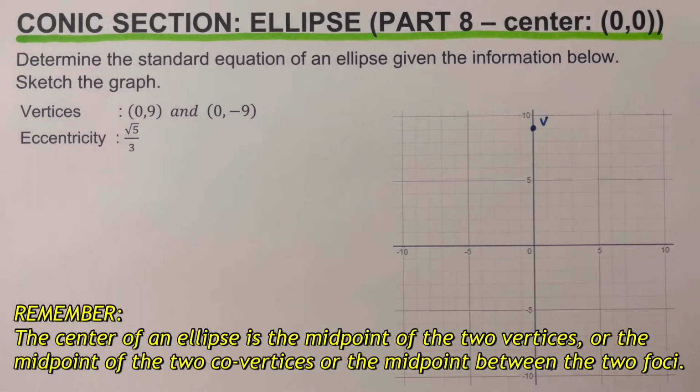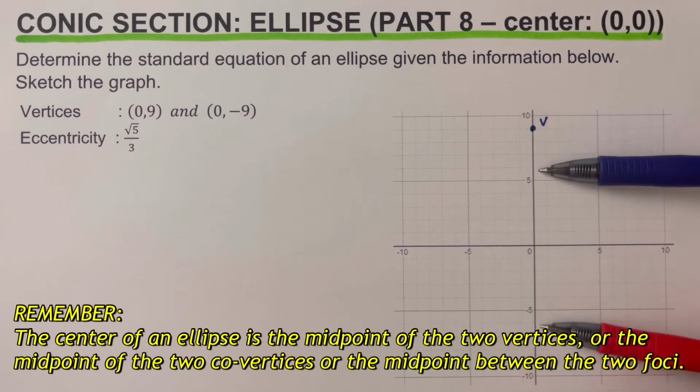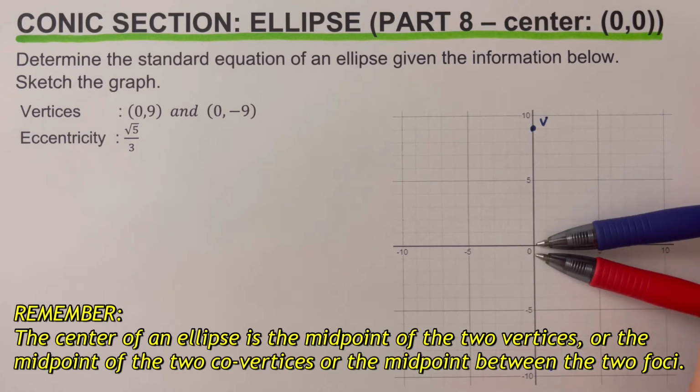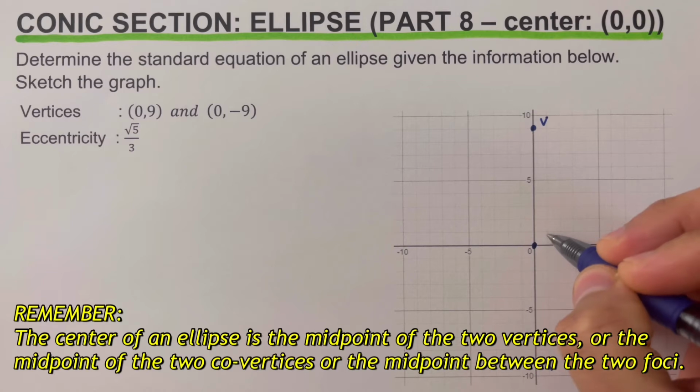Since we're given the two vertices right here, we can use the midpoint formula to solve for the midpoint between these two points, or we can count them, and we can say that the center here is at (0, 0). So I'm going to label this at (0, 0) right here.